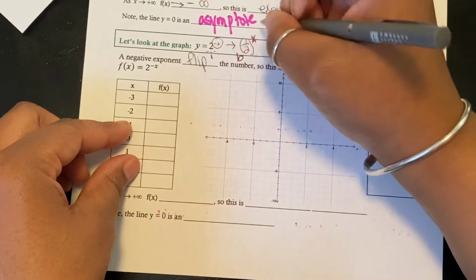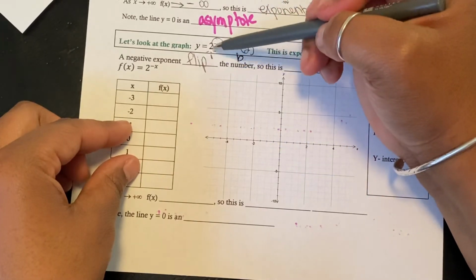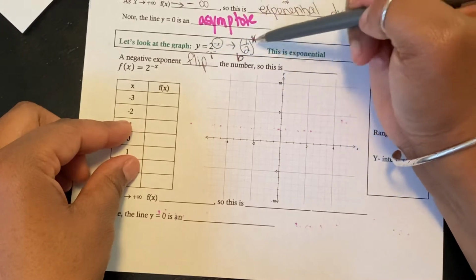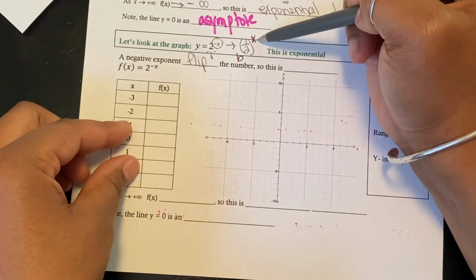So you have to flip it in order to change the x from negative to positive. Where you had 2 raised to the power of negative x, you flip the b, so it was 2 over 1, now it's 1 over 2, and you make the x positive.